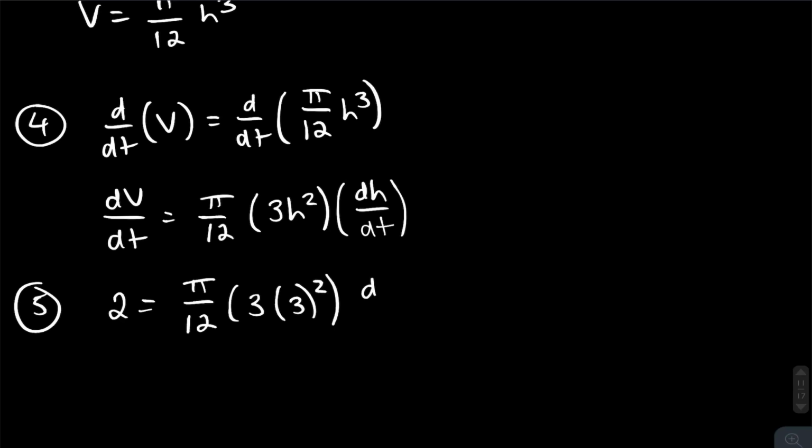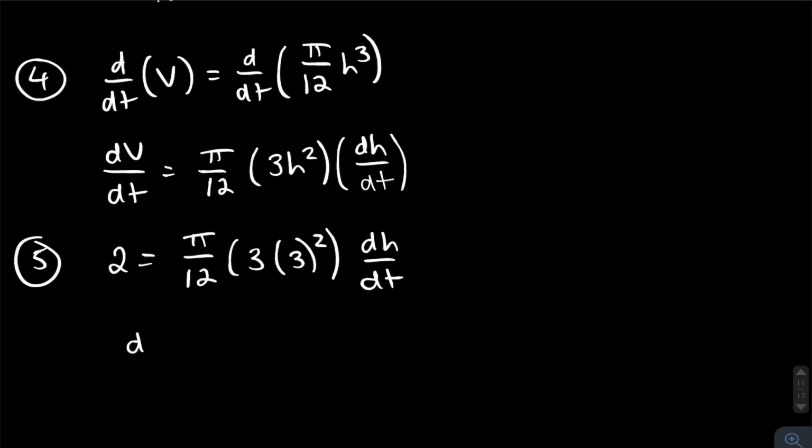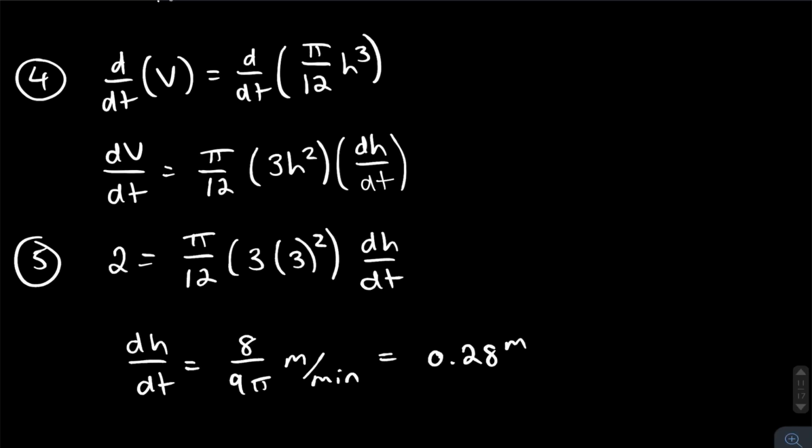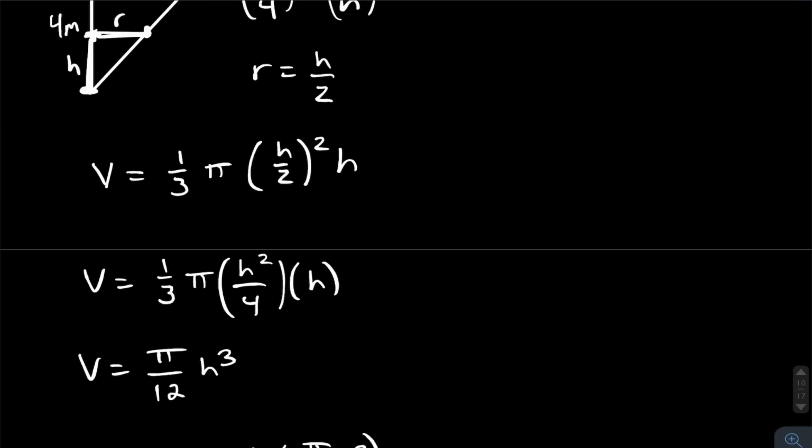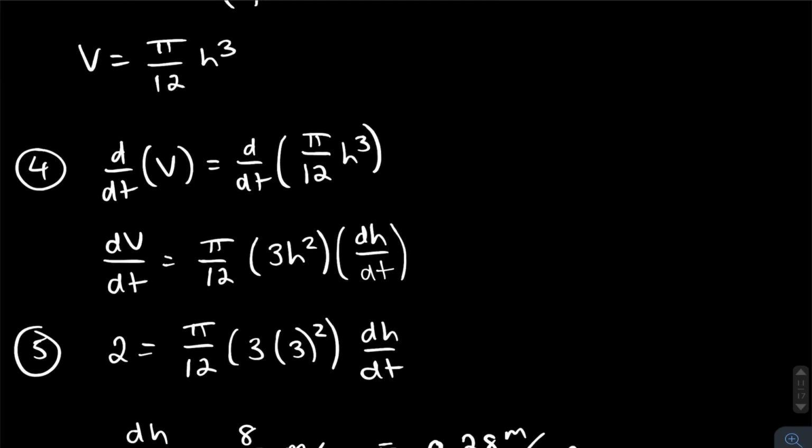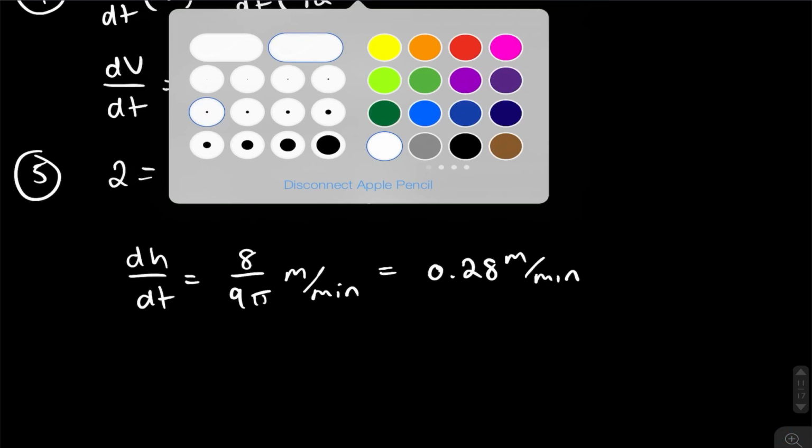Square that, dh/dt. Just do a little bit of solving here. You get dh/dt is going to equal either 8 over 9 pi meters per minute, or you could also write that as 0.28 meters per minute. Was I writing that before? Yeah, okay, good. Want to make sure I was writing minutes the entire time and not seconds.